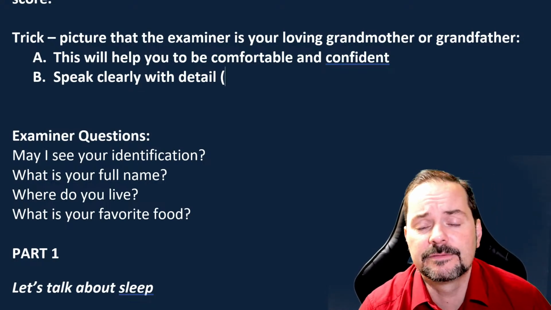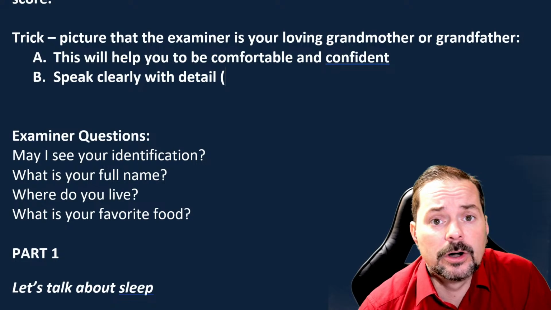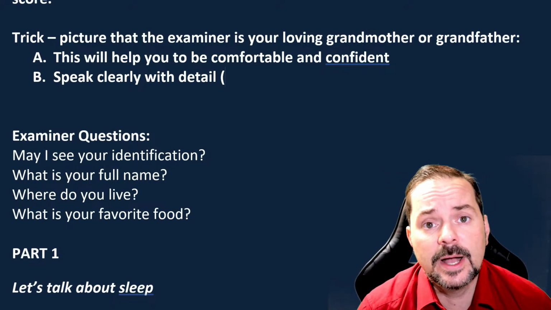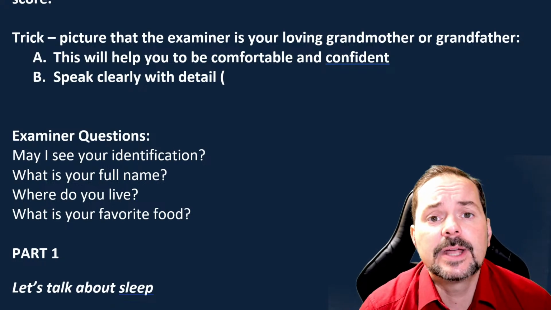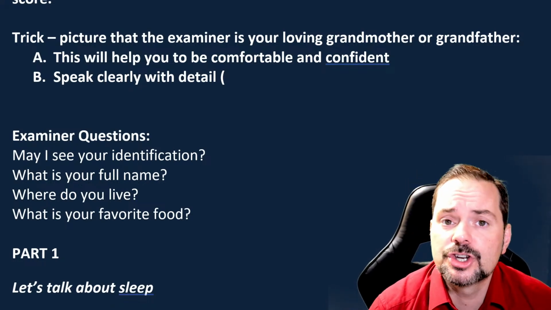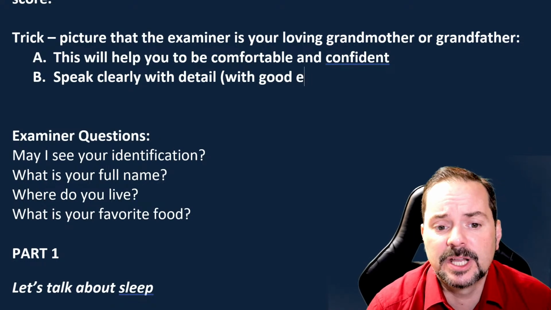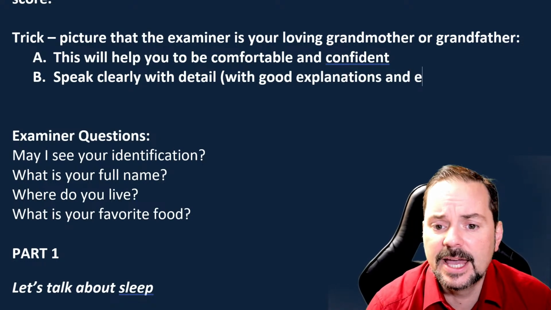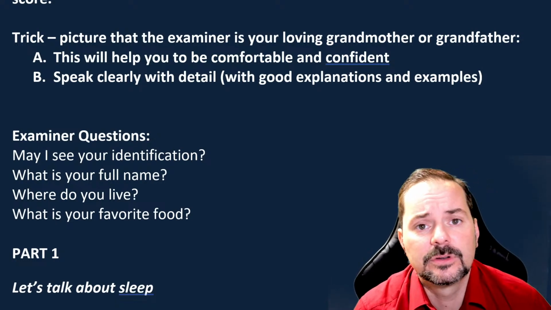They don't have all the information about social media. And sometimes your examiners are older gentlemen or ladies as well, into their 50s, maybe even their 60s. So they don't have the same pop culture that you have. So speak clearly with detail, with good explanations and examples. They don't have the knowledge that you have, okay?